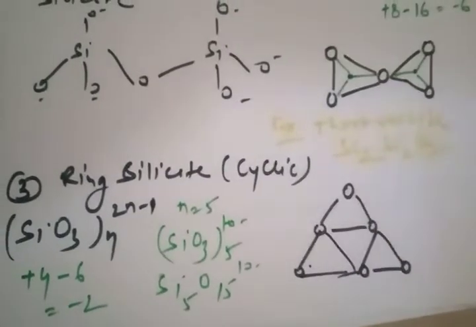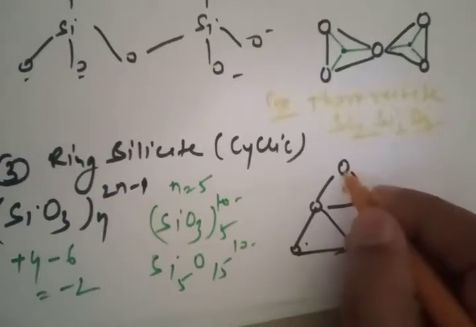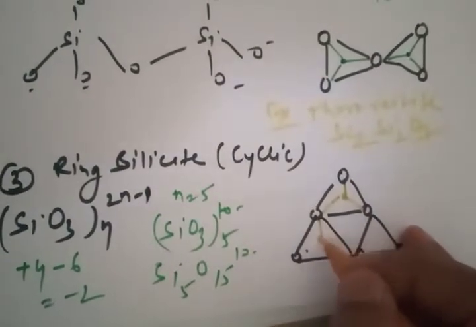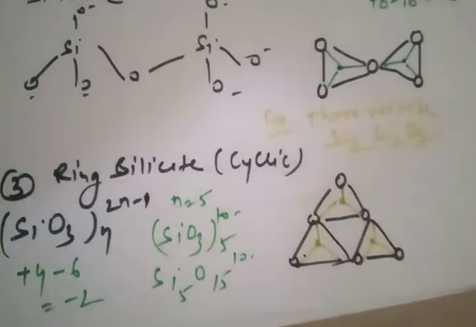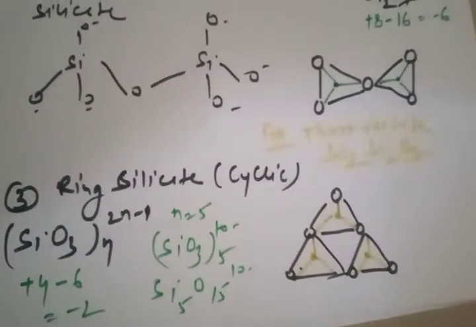And then we will put the silicon in between this one unit. So this is how the ring structure is drawn.